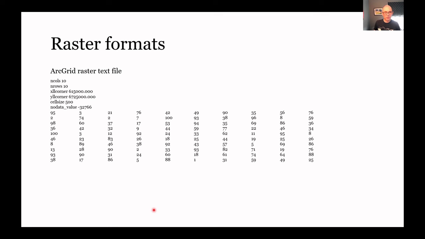So this is what a raster file in text format might look like. This is an ArcGrid file. This is a valid text file. And as we can see, the file starts off here with a row of metadata, the number of columns, 10 columns, 1, 2, 3, 4, 5, 6, 7, 8, 9, 10. Number of rows, 10, 1, 2, 3, 4, 5, 6, 7, 8, 9, 10. Correct. Well, that's good.